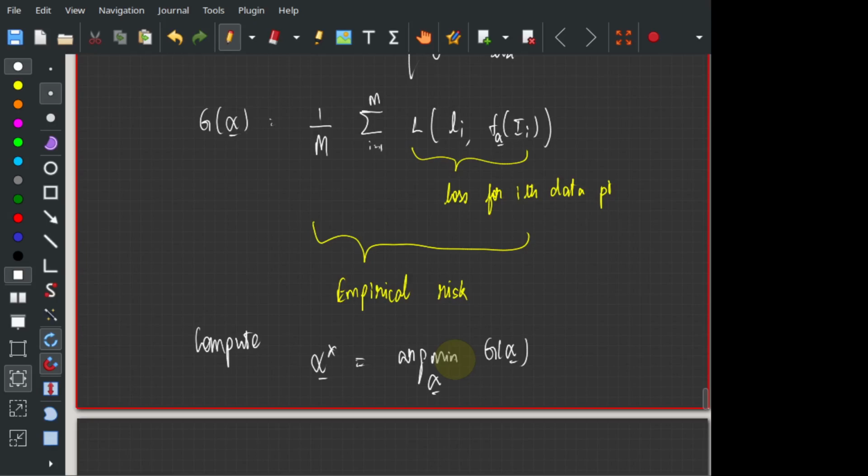Now, unlike the previous problems, this is a lot more complicated to solve, right? So we're not guaranteed that this objective function is convex. Remember, if you take a look at this particular quantity, this is essentially a sum of m functions, right? Which could be really complicated. And you're minimizing over possibly a huge number of parameters.